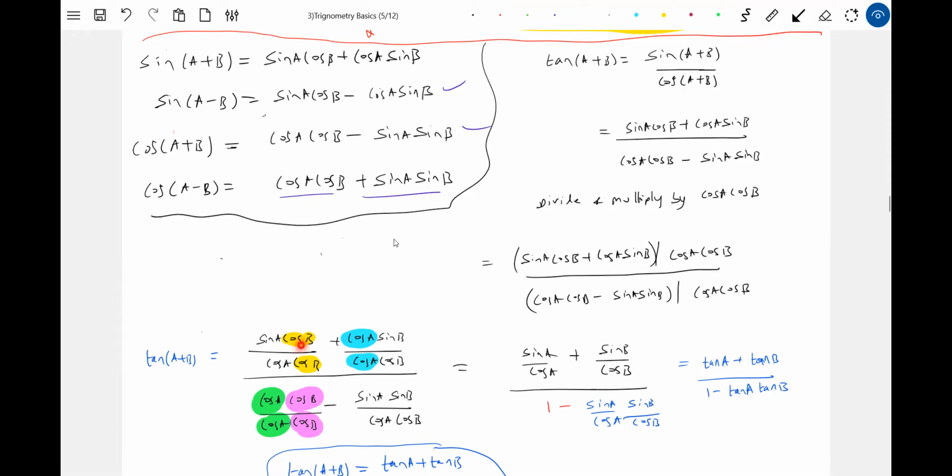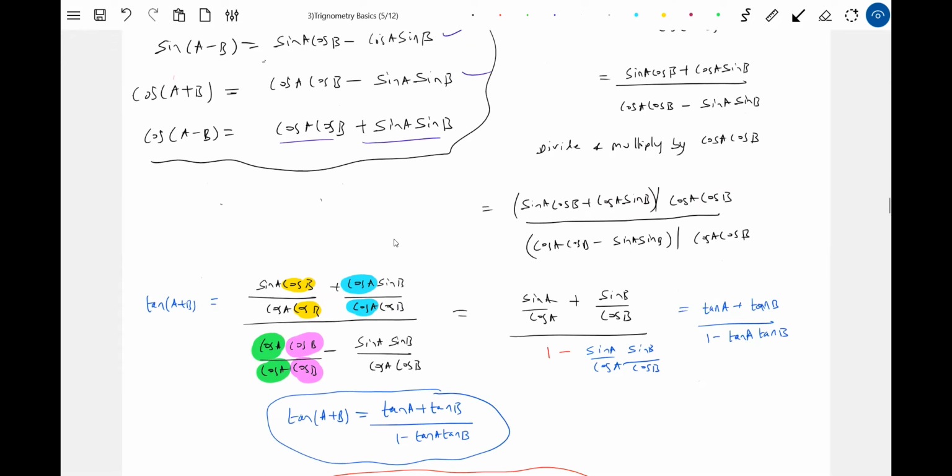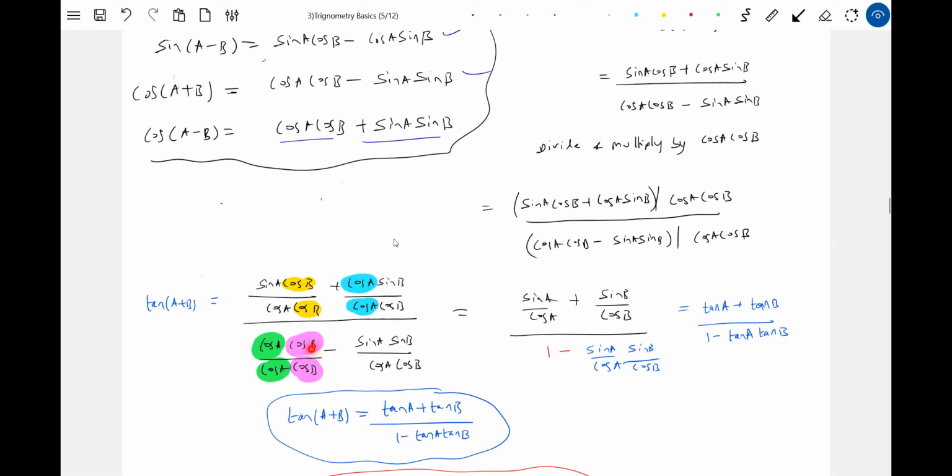Sin A cos B by cos A cos B, cos A sin B by cos A cos B. Similarly, cos A cos B by cos A cos B, sin A sin B by cos A cos B.